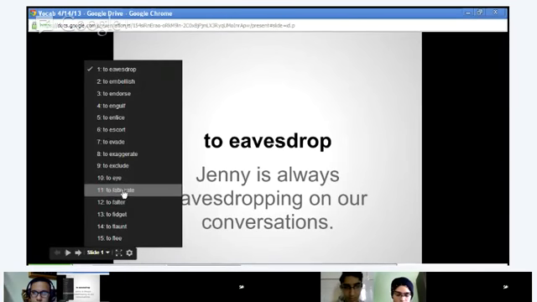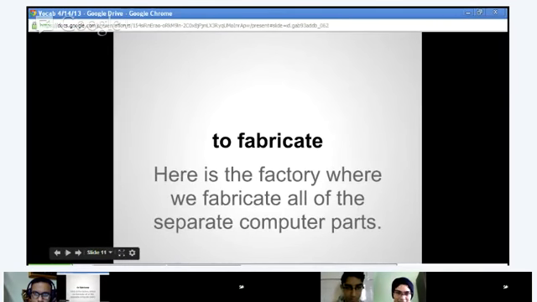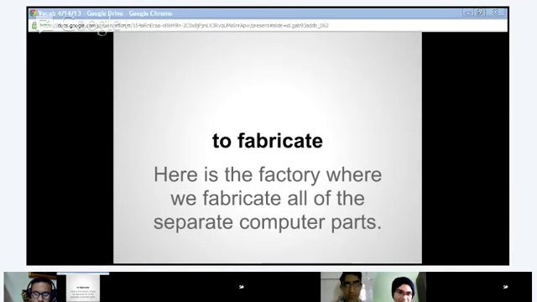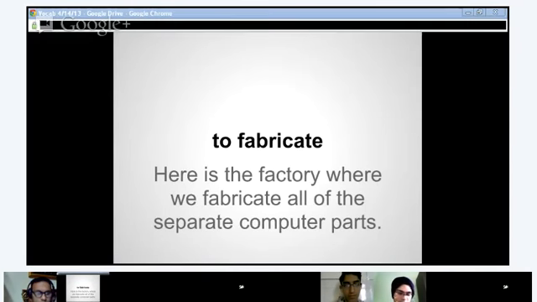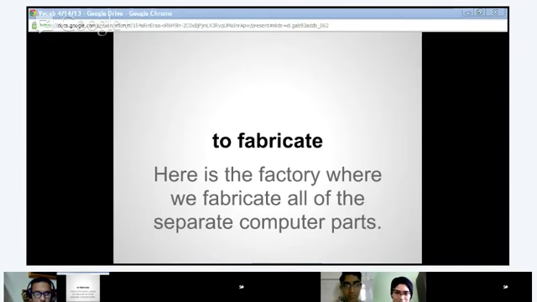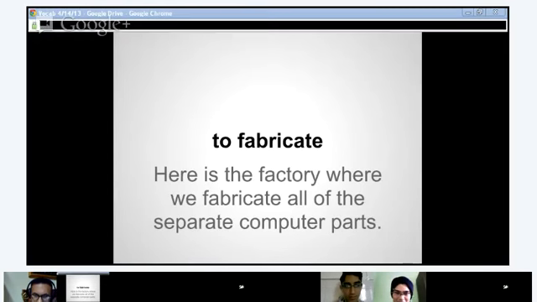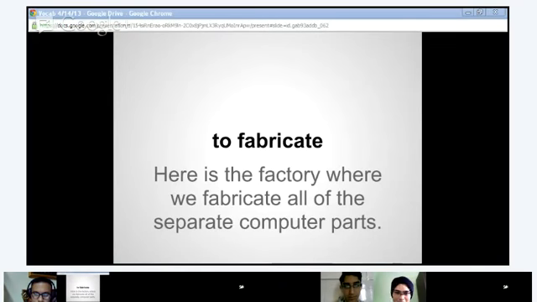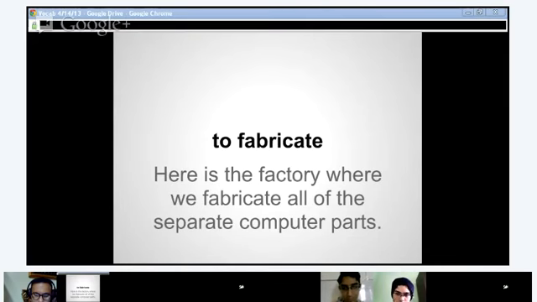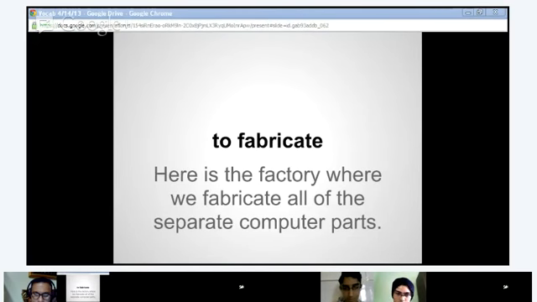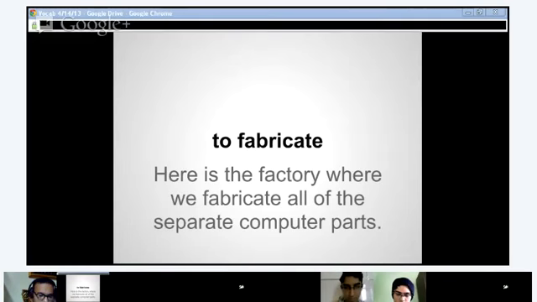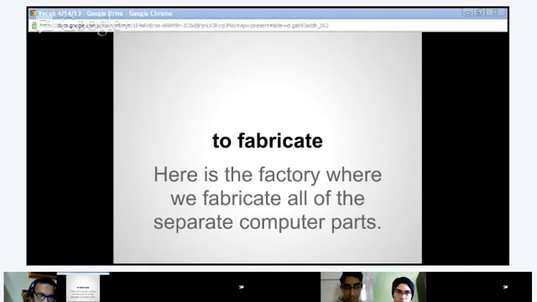Okay, so let's go to fabricate, fabricate. Mahmoud, would you read this one for us? "Here is the factory where we fabricate all of the separate computer parts." Okay, so what could it mean to fabricate, Mahmoud? Means to make. Fix.